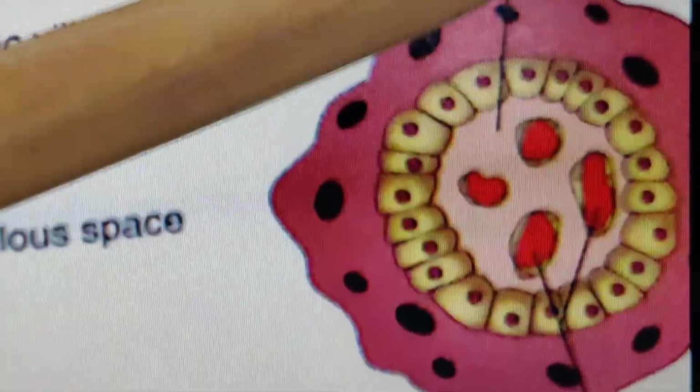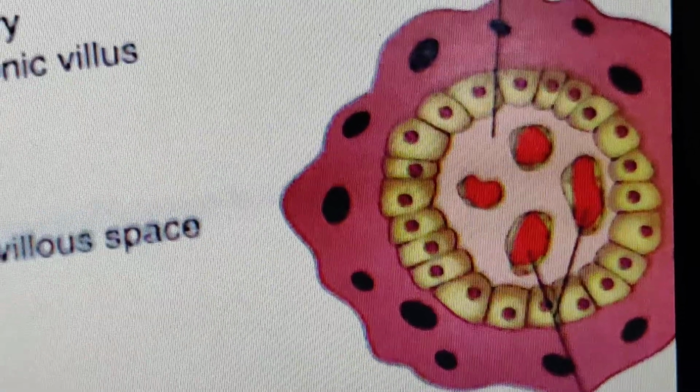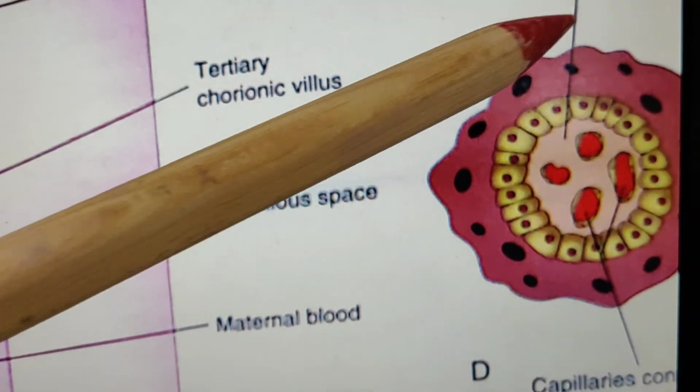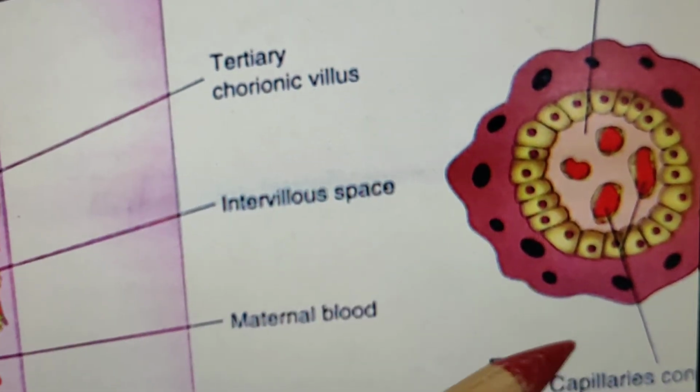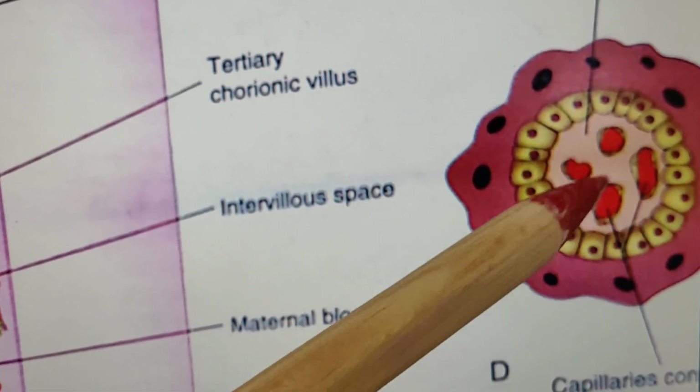Now the point is, outside this tertiary villus is the intervillous space, surrounded by the mother's blood. Mother's blood is present in the intervillous space, and the fetal blood is present inside these capillaries.